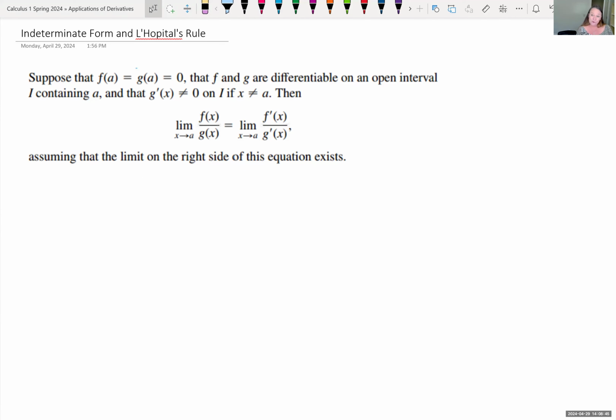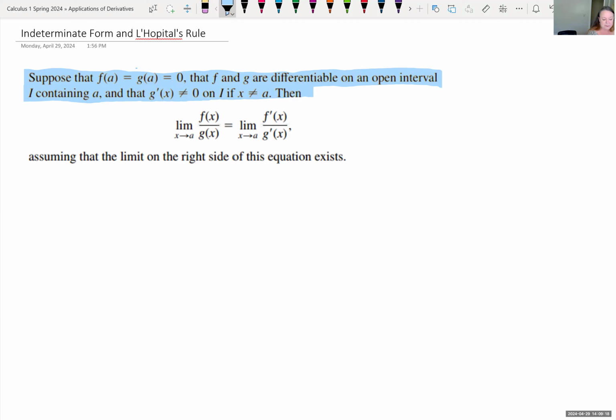So here is a rule that will help us if we get that indeterminate form 0/0, and it's called L'Hopital's rule. The rule states the following. Suppose that f of a and g of a are equal to 0, that f and g are differentiable on an open interval I containing a, and that g prime of x is not equal to 0 on I if x doesn't equal a.